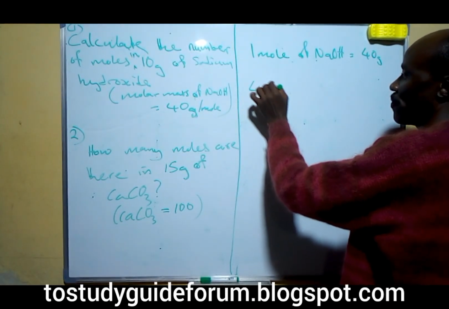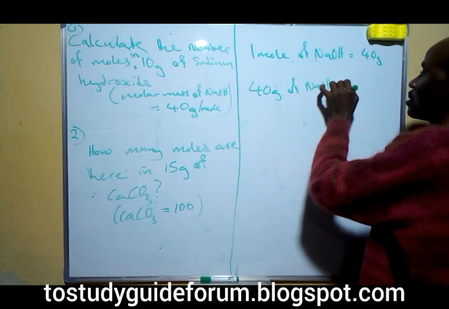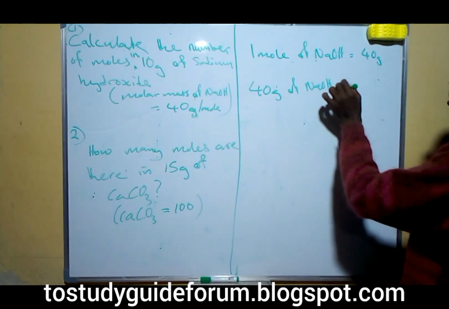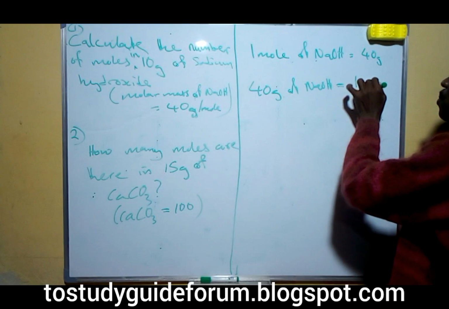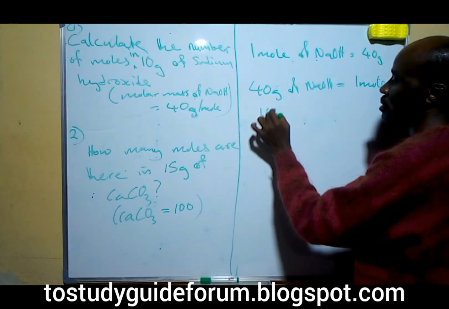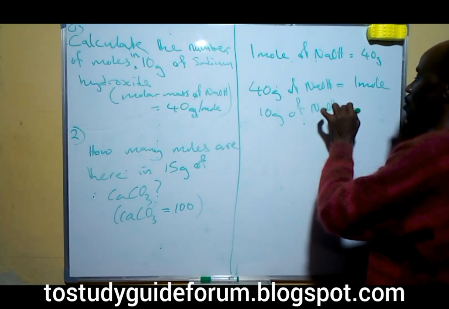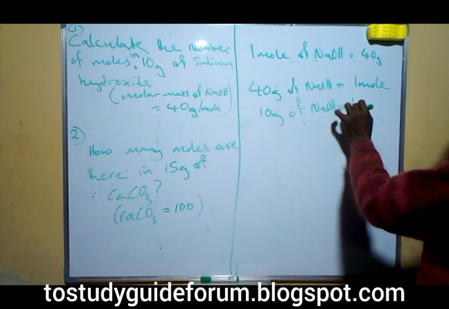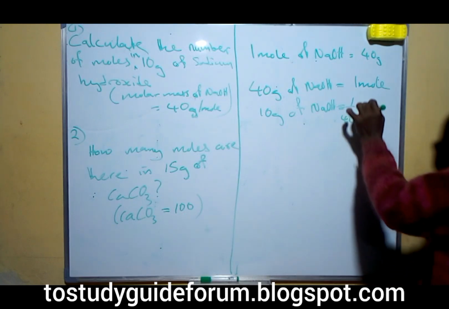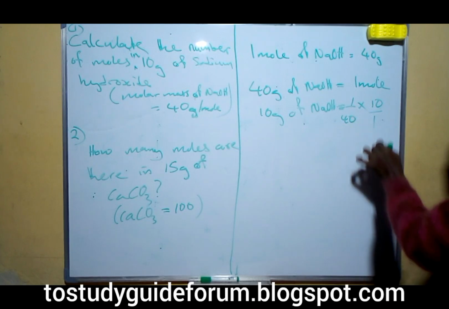That is to say, if 40 grams of sodium hydroxide is equal to 1 mole, then 10 grams will then be 1/40 times 10/1.